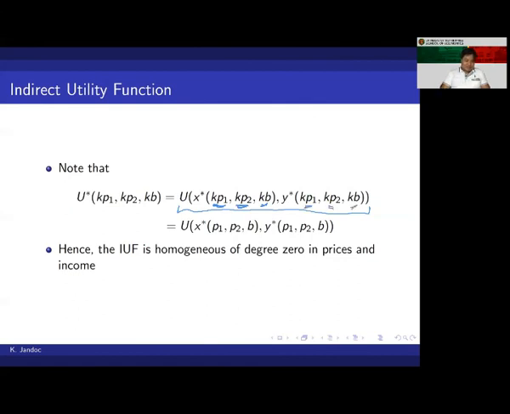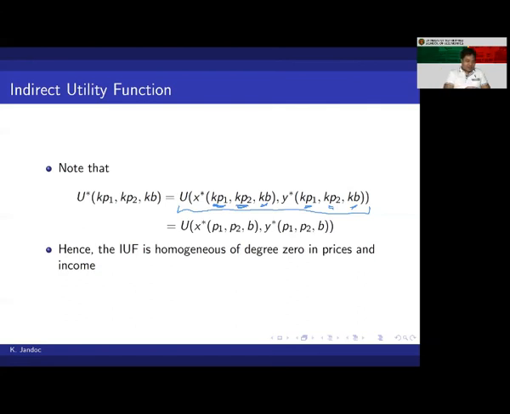We have shown a few slides ago that the optimal consumption of X and Y doesn't change because the Marshallian demand functions are homogeneous of degree zero in prices and income.